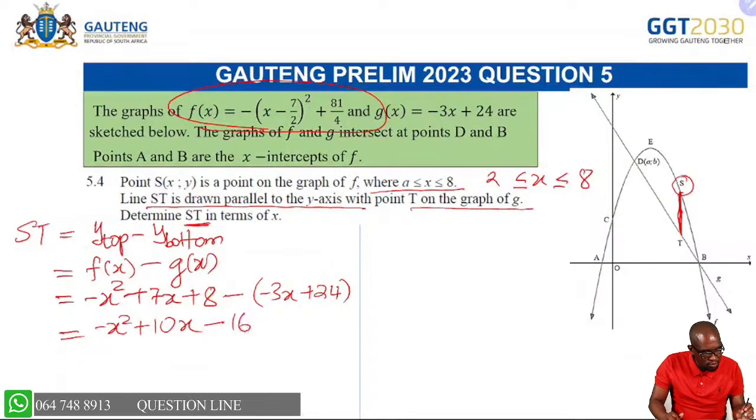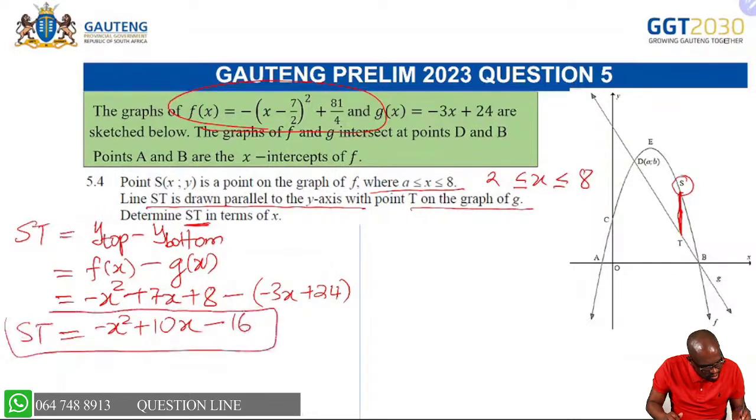So this is the value of ST in terms of x. It's minus x squared plus 10x minus 16. That would be the value of ST in terms of x, because that's what they wanted here, the vertical distance ST in terms of x.